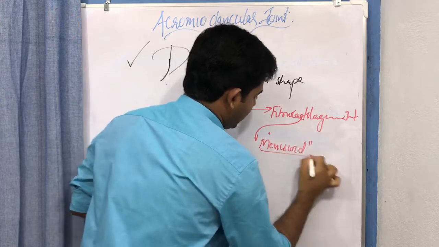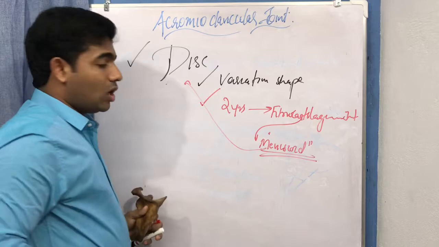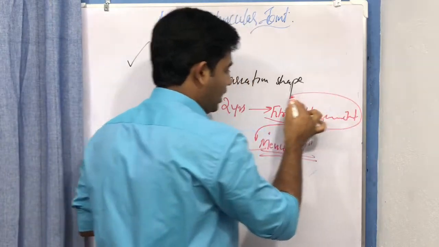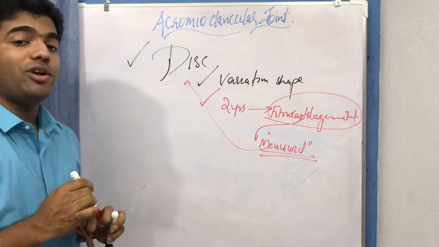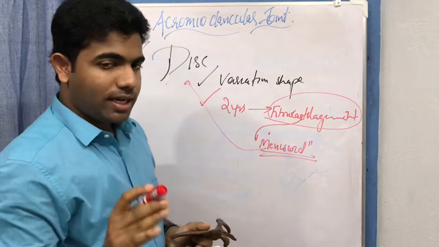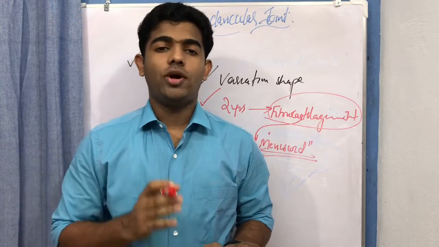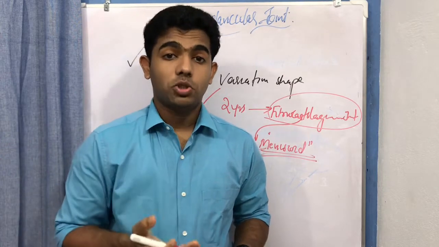So the disc in the acromioclavicular joint is meniscoid in shape, developing from the fibrocartilaginous joint surface. At the beginning the joint surface is fibrocartilaginous, and later it becomes meniscoid in shape after the second year of life.